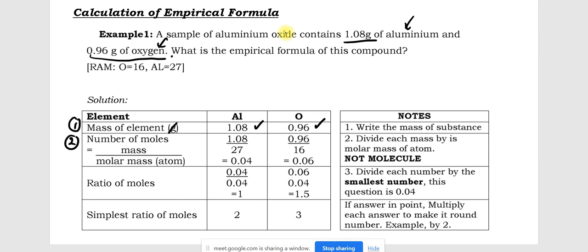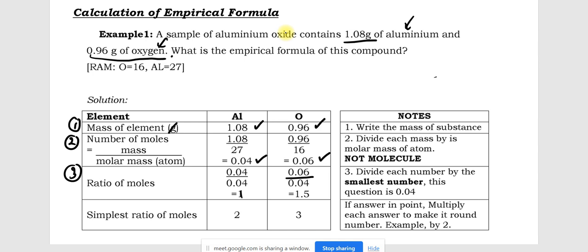So you get 0.04 and 0.06. Then you do the ratio of moles. Divide with the simplest ratio, which is 0.04. Divide both with 0.04 and you get 1.5.